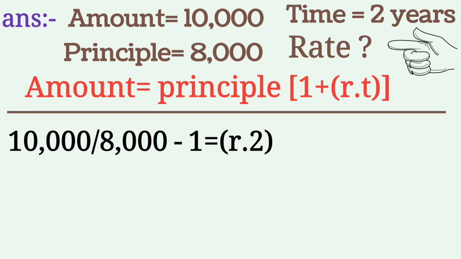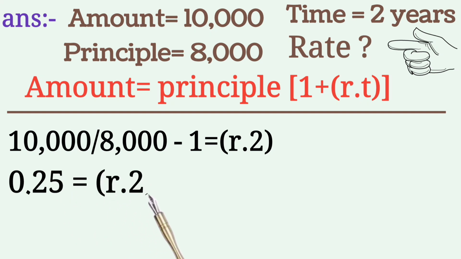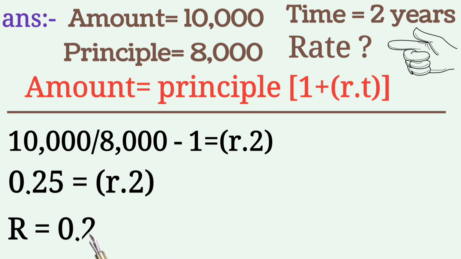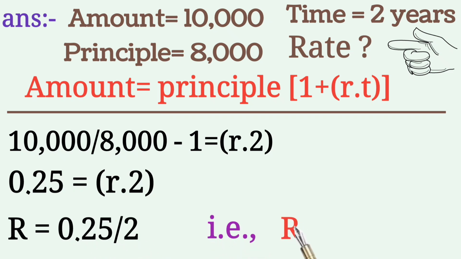When we divide 10,000 by 8,000 minus 1, we get the answer 0.25 is equal to R into 2, where R is equal to 0.25 divided by 2, that is R is equal to 0.125.